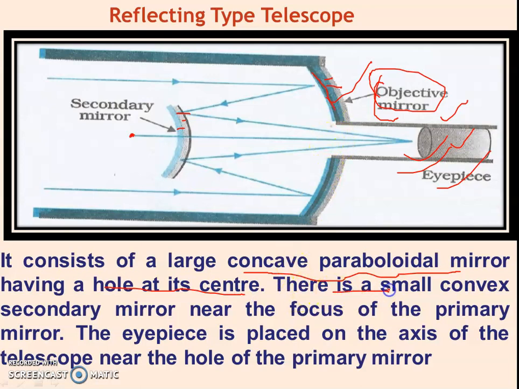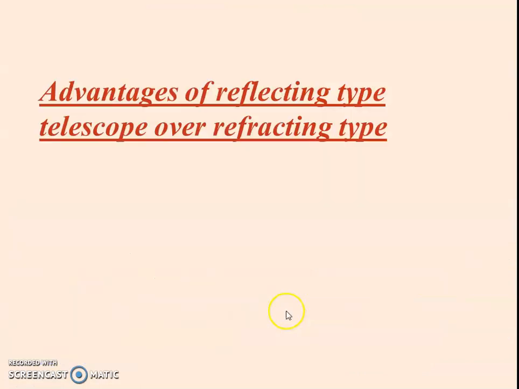There is a small convex mirror near the focus of the primary mirror. Now this is the convex mirror. The eyepiece is placed on the axis of the telescope near the hole of the primary mirror. Primary mirror means objective mirror, right? This is the objective mirror, and the hole is at its center, right?